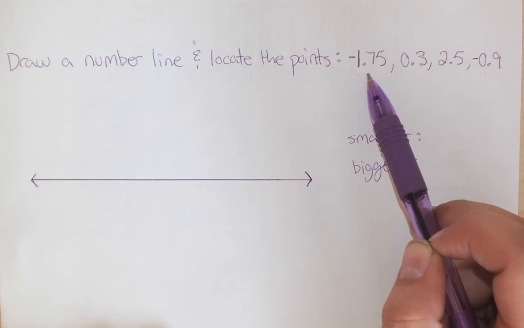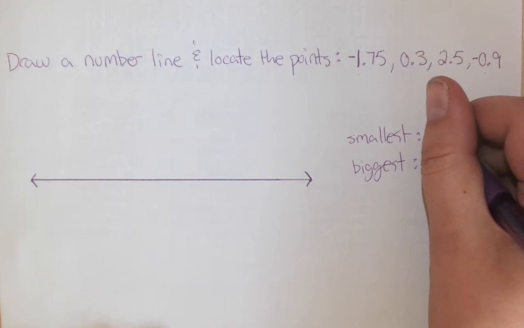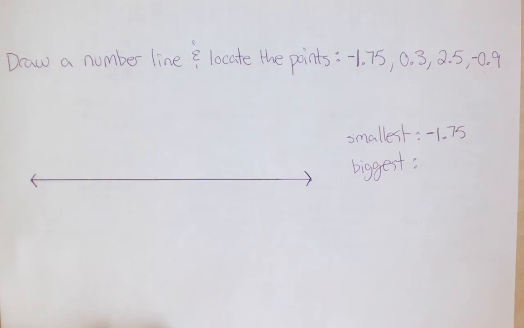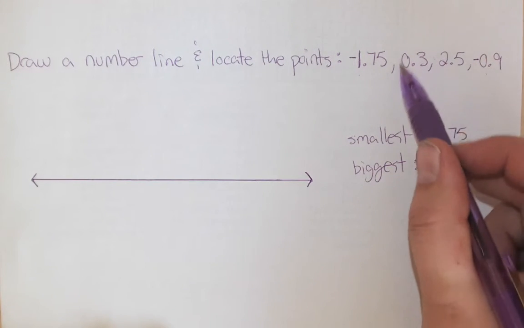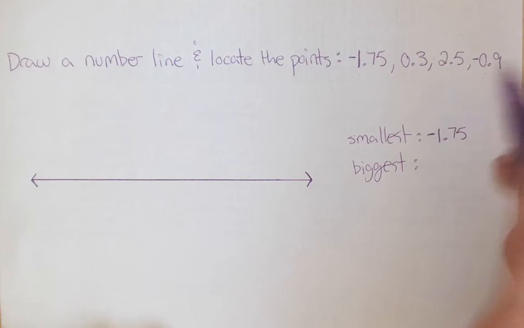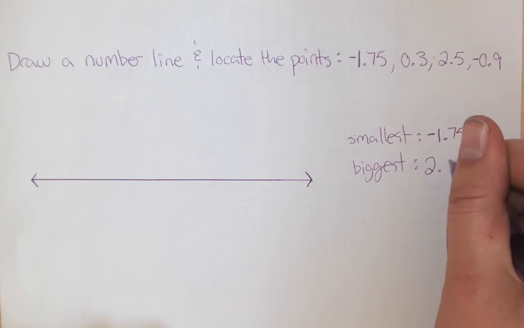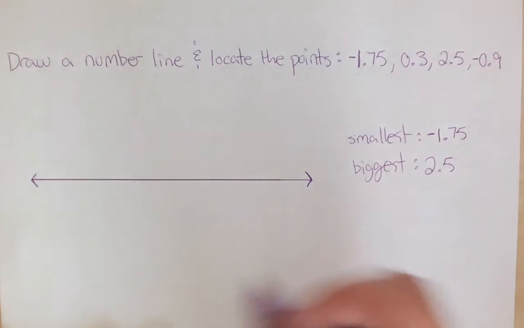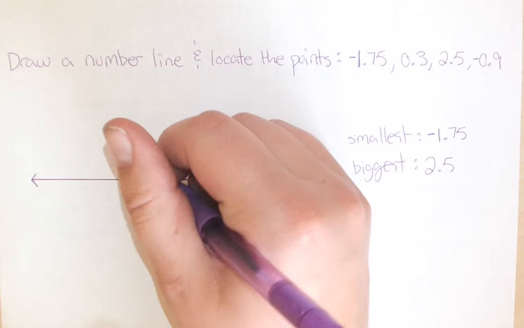I know that this is further from 0, so that's going to be my smallest number, -1 75/100. Now I'm looking at either 0 3/10 or 2.5? Well, my biggest number is 2.5. So again, I'm probably going to plot -2 this time, all the way to 3.